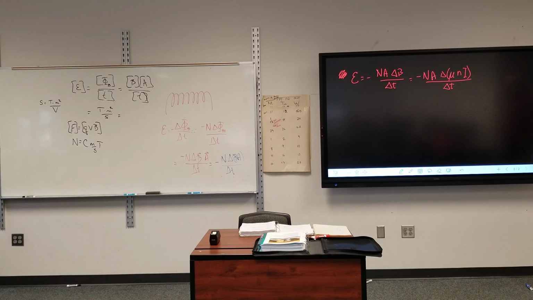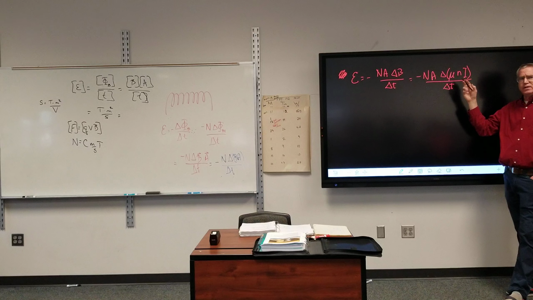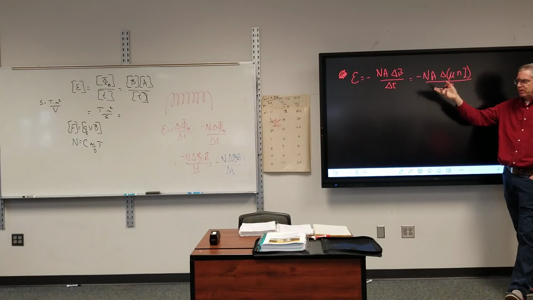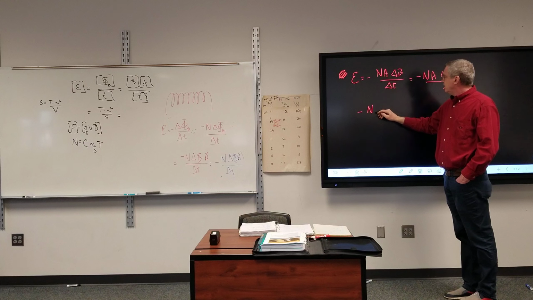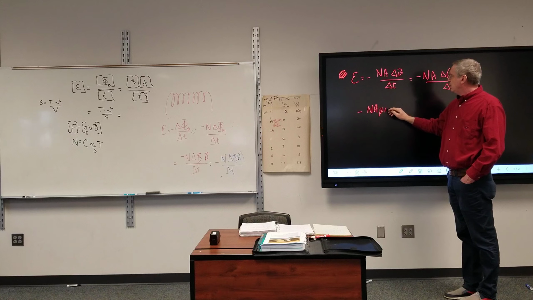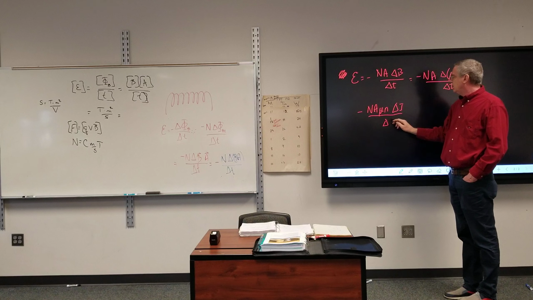I apologize if I called it permittivity earlier. It's the permeability of whatever's in the core of the solenoid or of the inductor. So it's a constant that's going to factor out. Little n is the coil density. That is specific to the geometry, so I'm going to bring that out. So I got negative N A mu little n delta I over delta T.